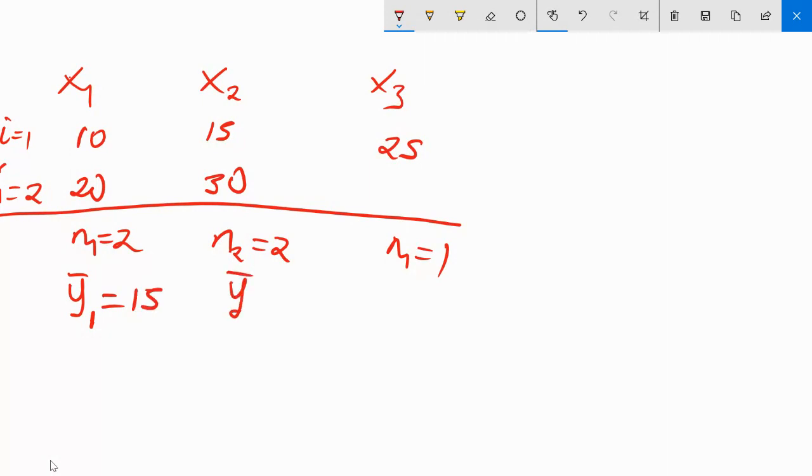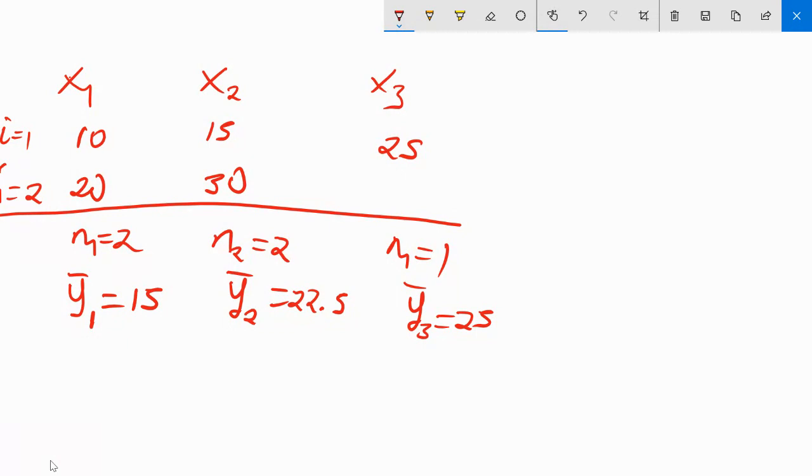We calculate Y bar 2, and this is going to be 45 divided by 2, which is 22.5. And we have only 1 value here, so the mean will be that value, 25 divided by 1.